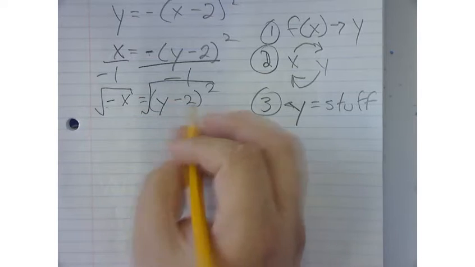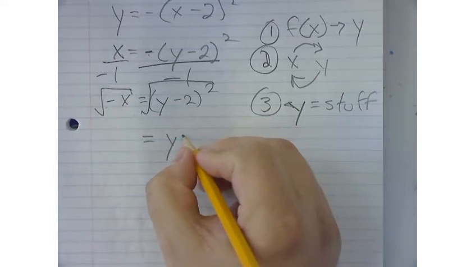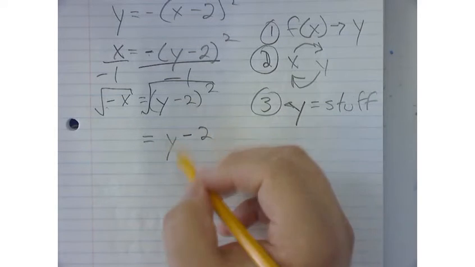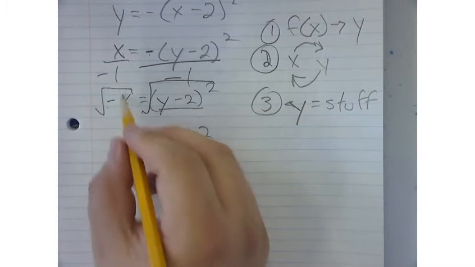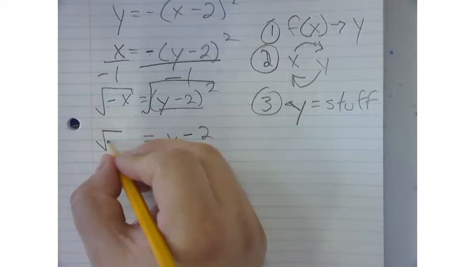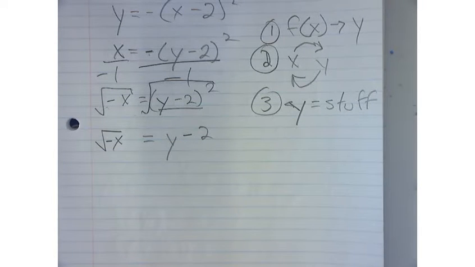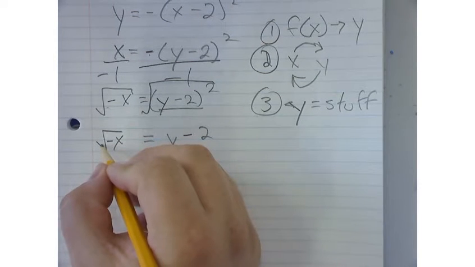So when I take the square root of a square, I get the base, y minus 2. And then over here, I've just got the square root of negative x. And if we were going to be algebraically correct, we want to keep in mind that when you take the square root of something, it's plus or minus, right?